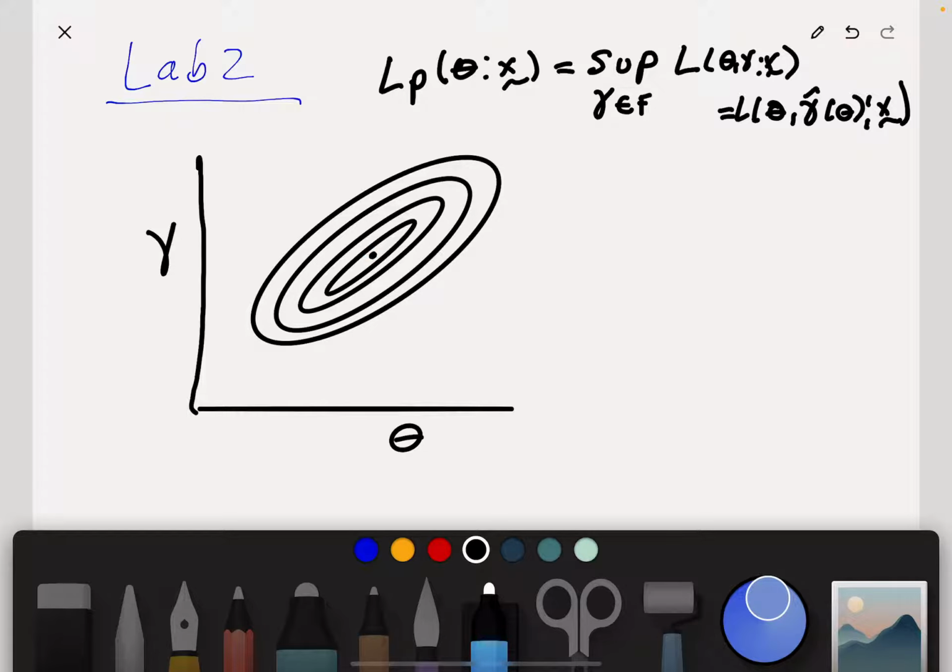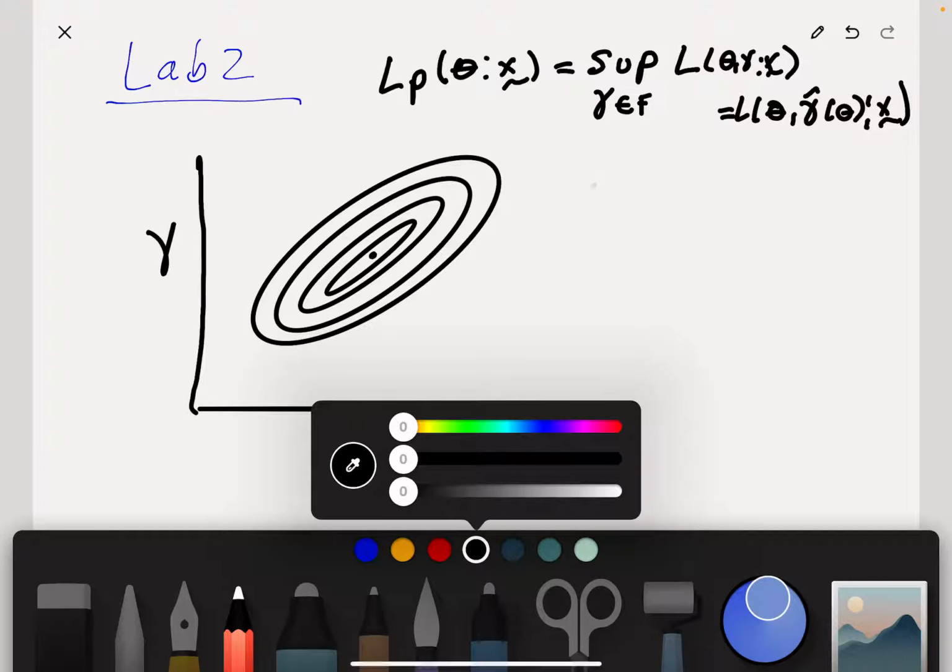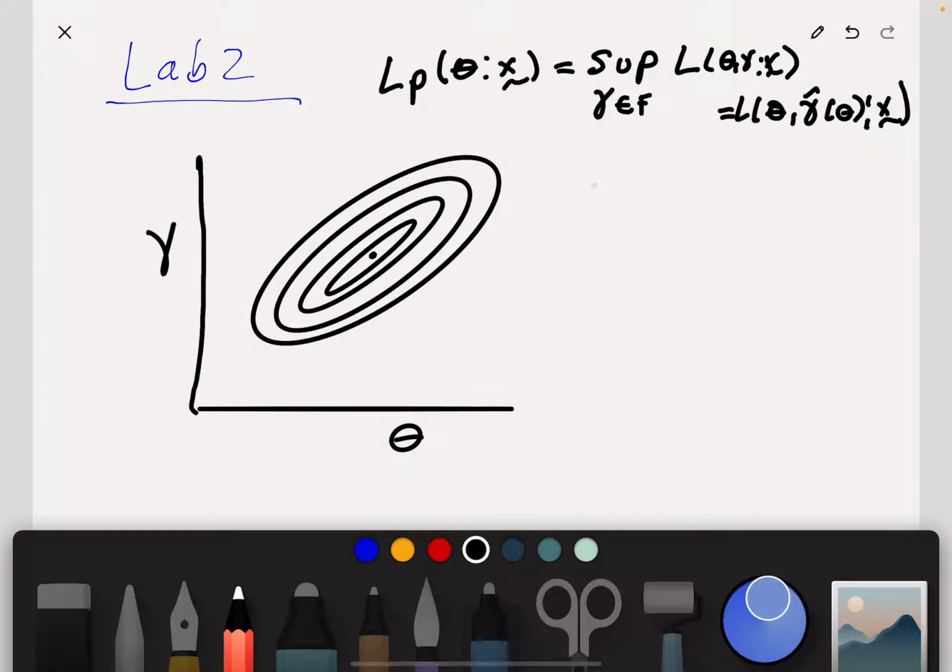This point right here is actually at theta hat, gamma hat.